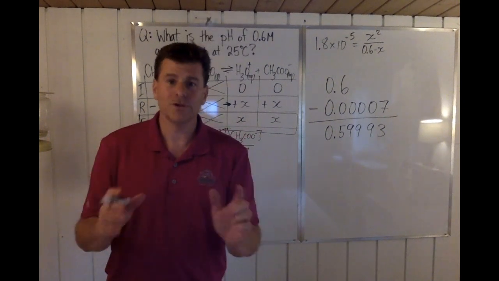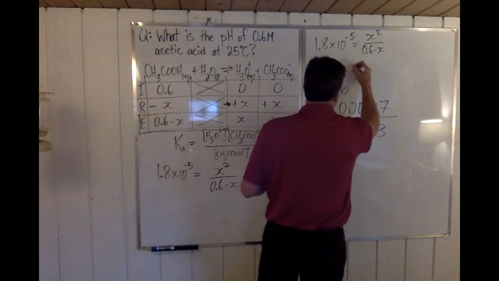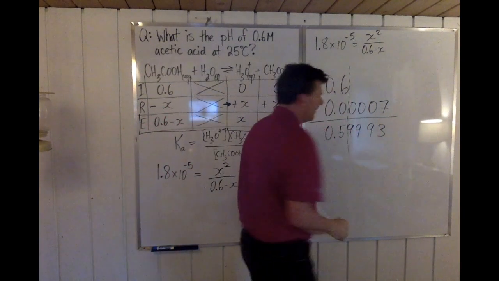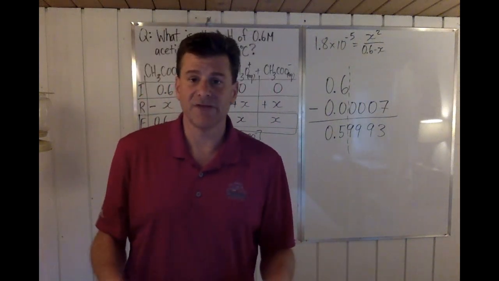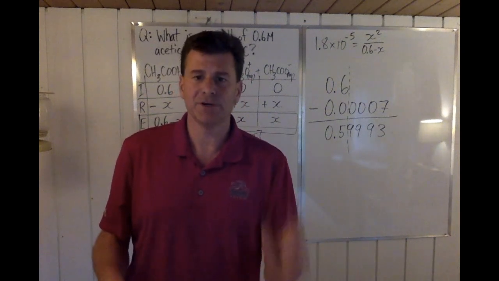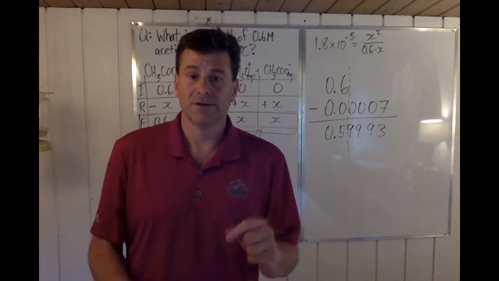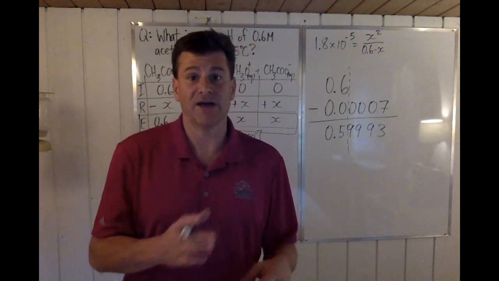So if you're using the subtraction rule in the use of sig figs, the subtraction rule says you can only be as precise as the least precise place value, not least precise number of sig figs. Subtraction and addition is place value.